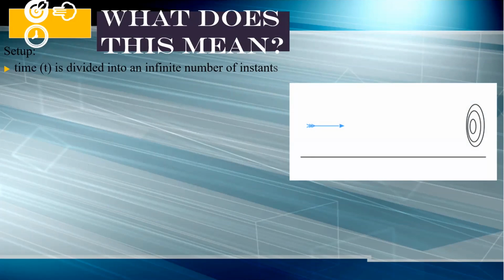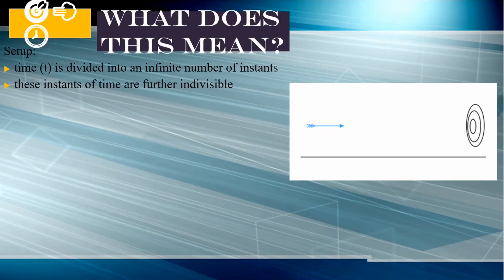So within this time, this line segment of time is made up of an infinite number of small instants. So you can think of a line and you can think of tiny, tiny dots along that line, and each dot represents an instant. Also in our setup, it states that instants of time are further indivisible.